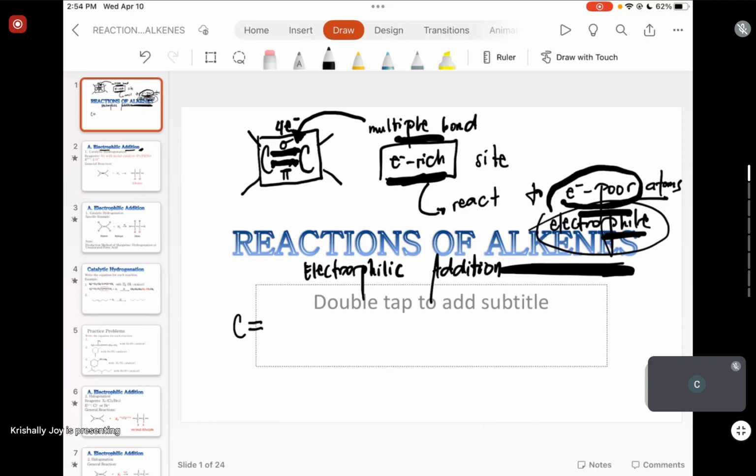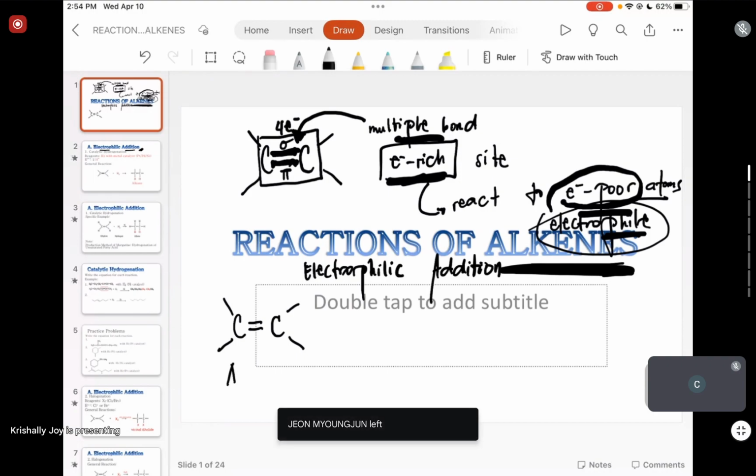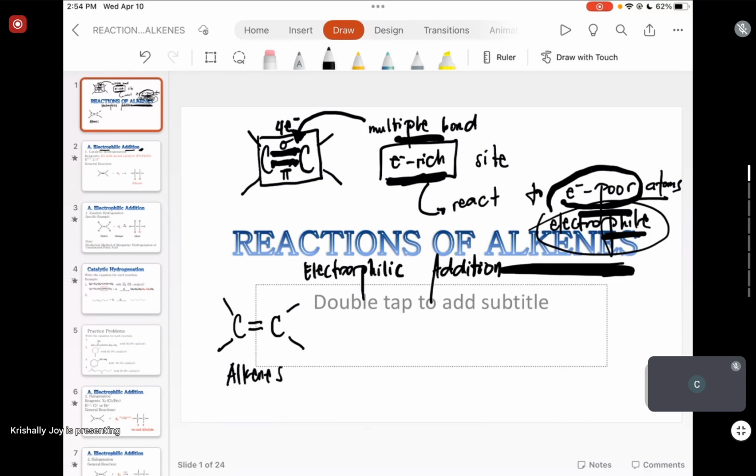So general ni siya, di ba nga, kumbaga general formula ng any alkenes. Sabi natin, majority of the reactions ng alkenes is electrophilic addition. How does an electrophile ba being added sa alkenes?